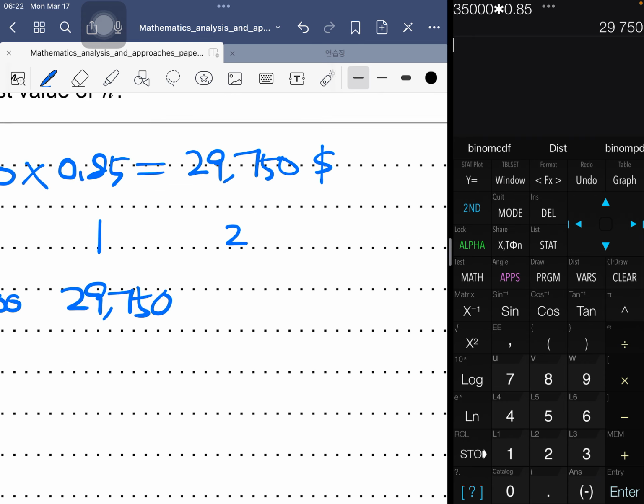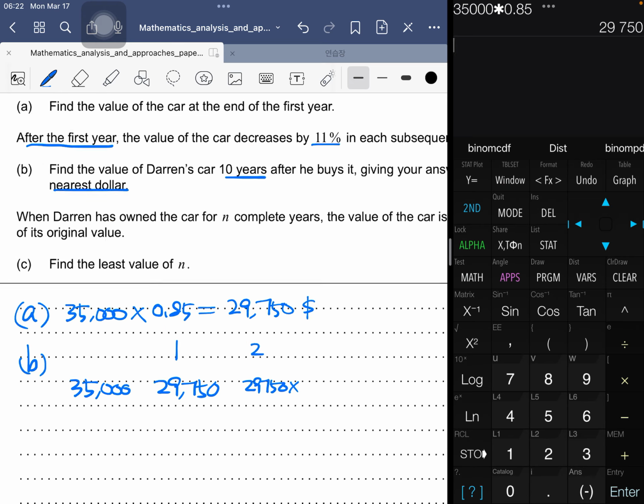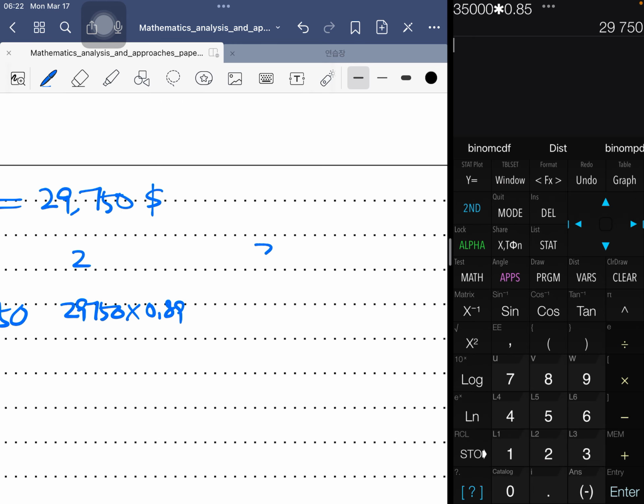And the second year is going to be $29,750 times 0.89, since the value drops 11% each year. So the third year is 29,750 times another 0.89 multiplication, so it's going to be 0.89 squared, like this way.